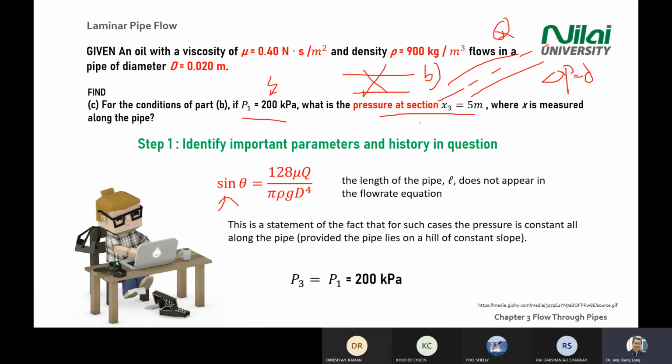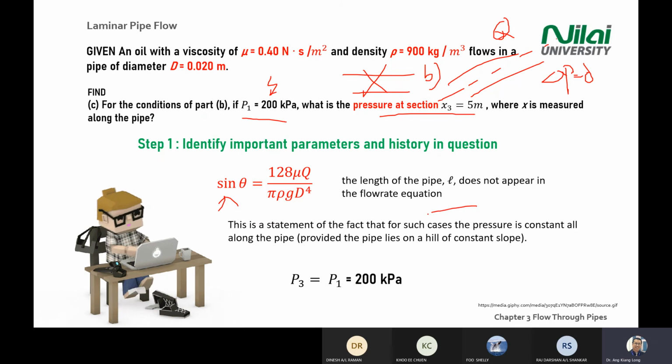So to maintain the Q, there is a calculation there, and you come up with this equation, sine theta equal to this one. However, in here, there's no length parameter you need. It just means that the pressure drop or the pressure quantity inside here will be the same as P1.